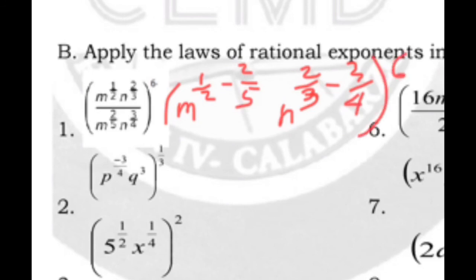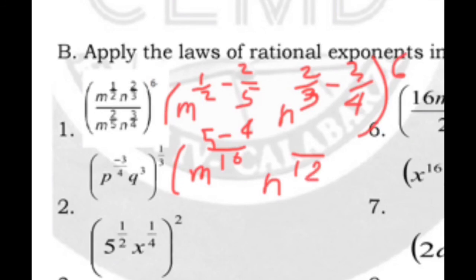Okay, then making the two the same fractions, so we're going to have m, then 1 half minus 2/5. The LCD here is 10. So 10 divided by 2 is 5, 5 times 1 is 5. 10 divided by 5 is 2, times 2 is 4. So this is 5 minus 4. Then times n. The LCD here is 12.